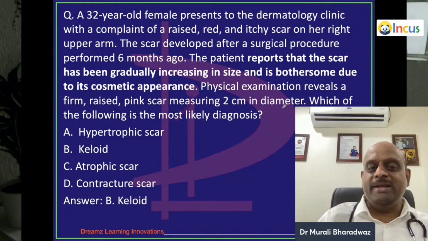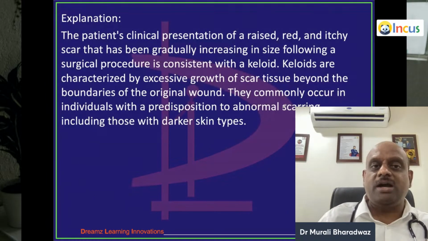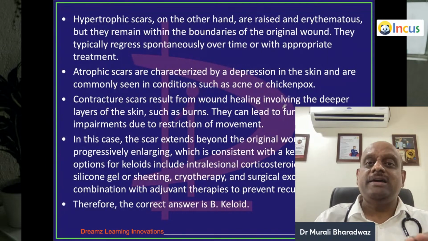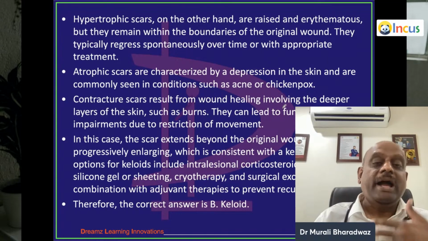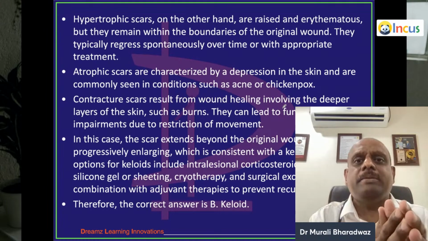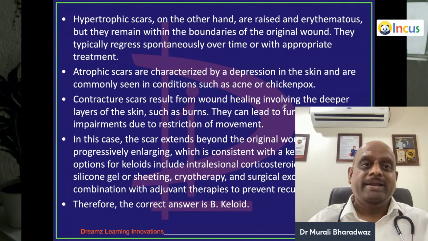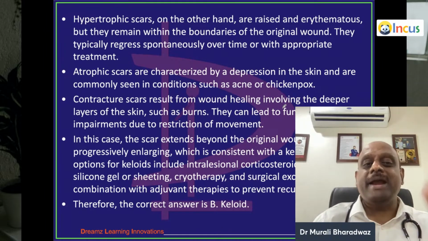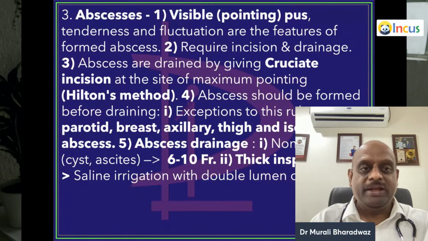Keloid. So mainly keloid versus hypertrophic scar, you need to know when does it develop, right? So that is the main differentiator. Hypertrophic scars are erythematous, but they remain within the boundaries of the original wound. They typically regress spontaneously over time with appropriate treatment is what you need to remember.